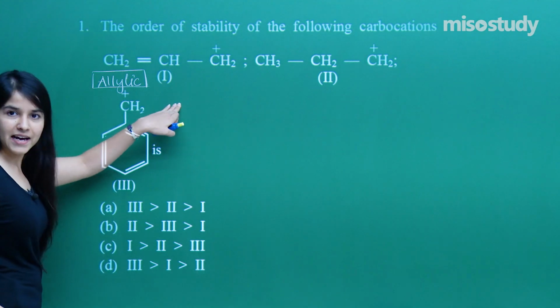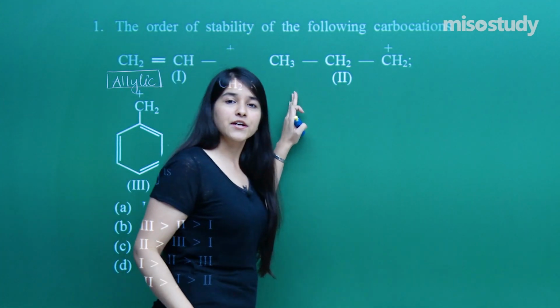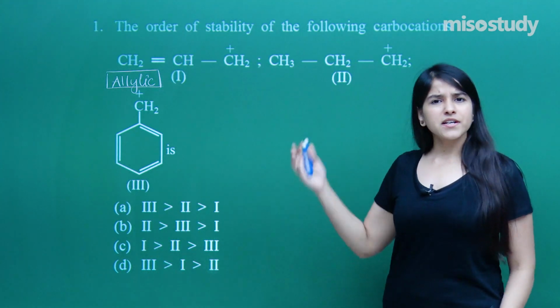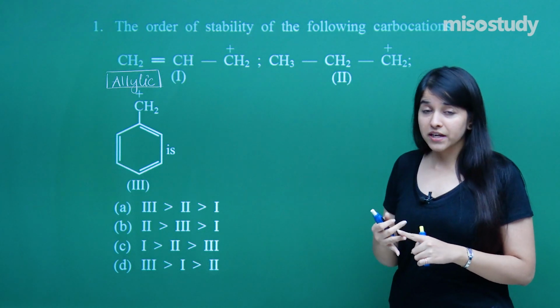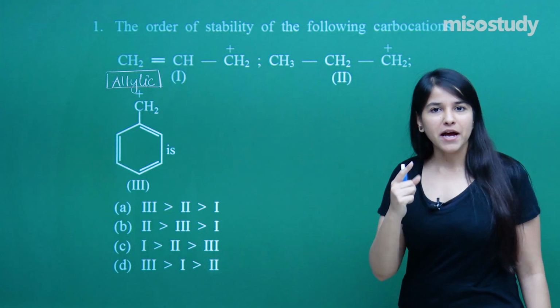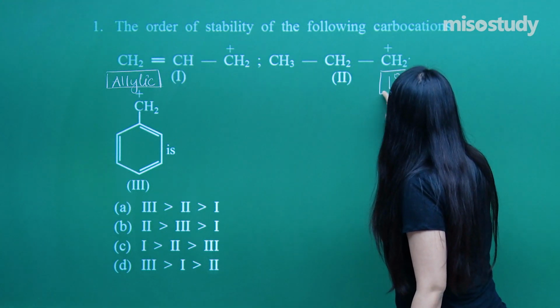Now if I move on to number 2, what is this carbocation? This is a general carbocation. It could be primary, secondary or tertiary. Here it is nothing but the primary carbocation.